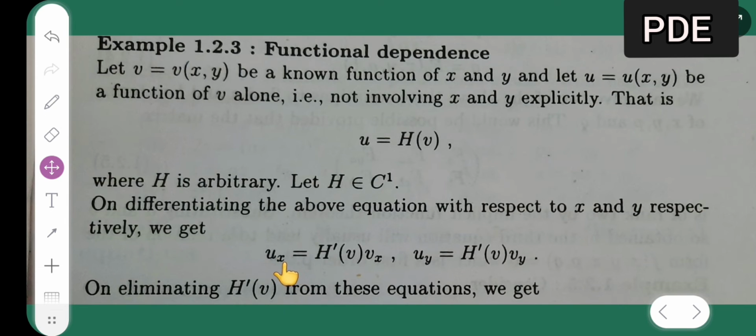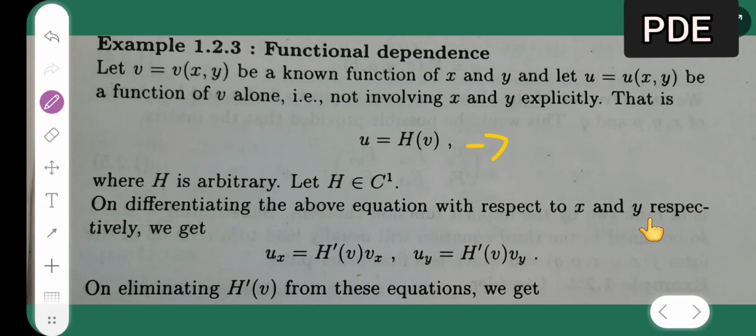We are differentiating this with respect to x and with respect to y. So u x is equal to h dash of v times v x, u y is equal to h dash of v times v y. What I have done here is differentiate this with respect to x and y.